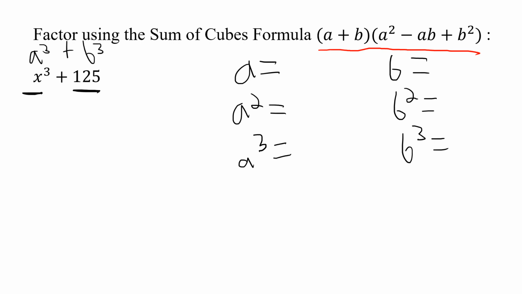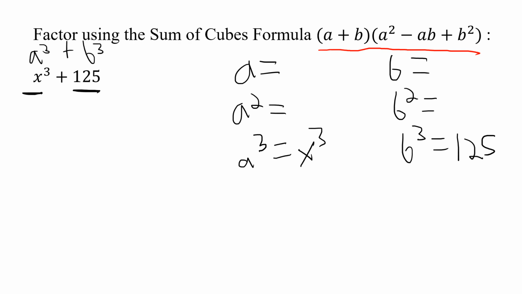The good news is that we already have a cubed and b cubed. A cubed is just the first cube you see, x cubed. B cubed is the second cube you see, 125. So we got them straight from our expression.